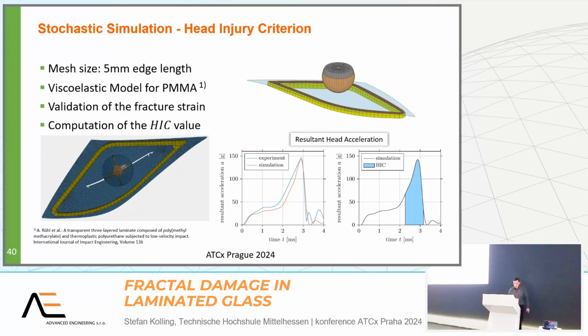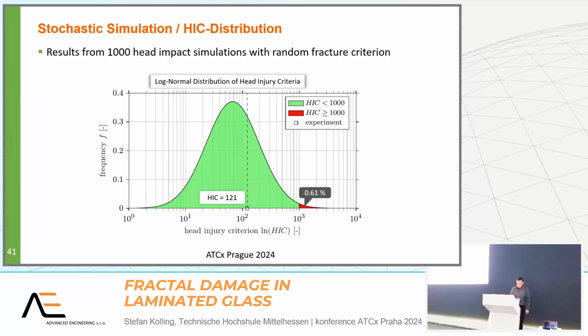And we can calculate the HIC value from this blue area, and finally the head injury criterion here, the frequency is nearly almost green. However, there is this part here which is red, so we have to live with some fatal injuries.